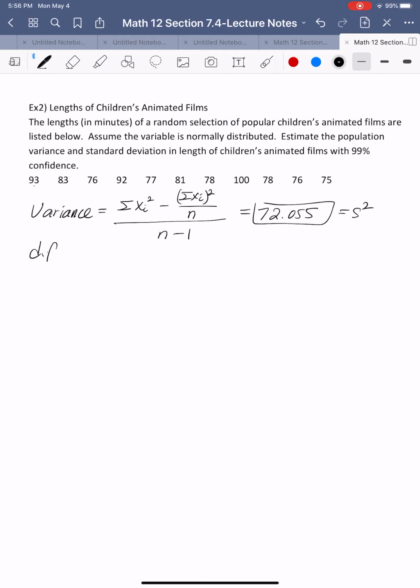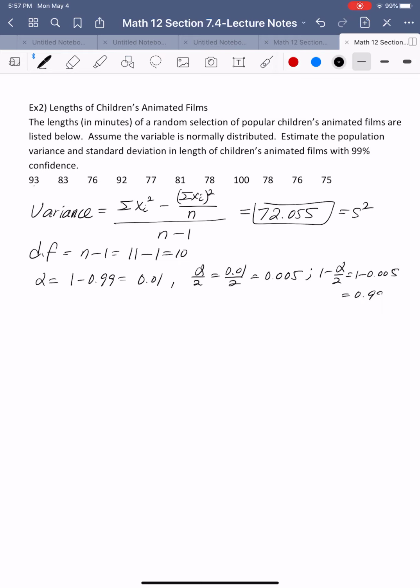The degree of freedom is n minus 1, so 11 minus 1 is 10. The confidence level is 99%, so alpha is 1 minus 0.99, which is 0.01. Alpha over 2 is 0.01 divided by 2, which is 0.005. And 1 minus alpha over 2 is 1 minus 0.005, which is 0.995.